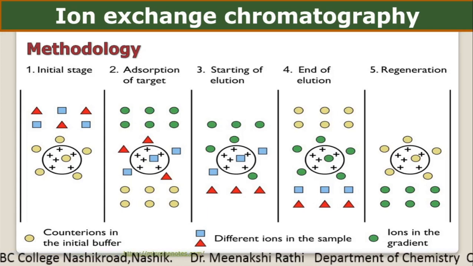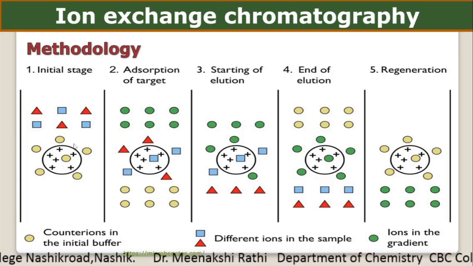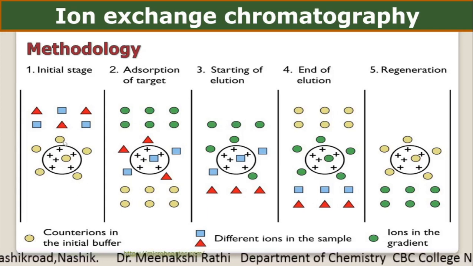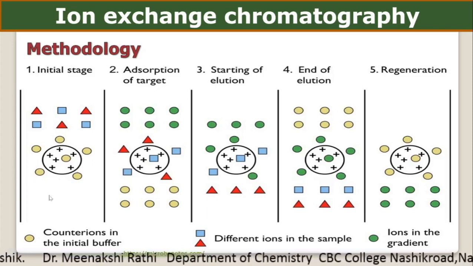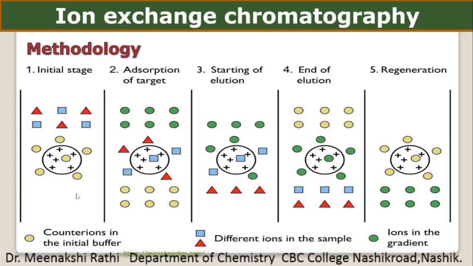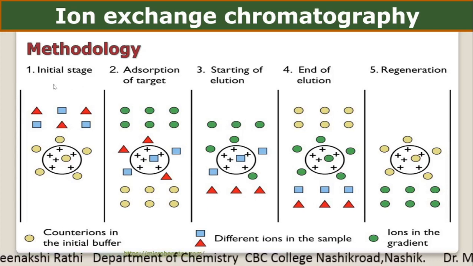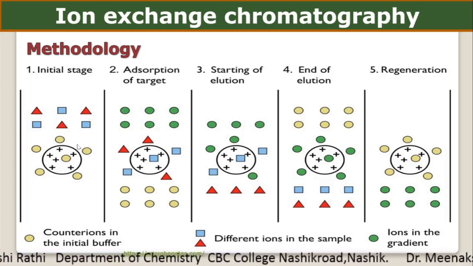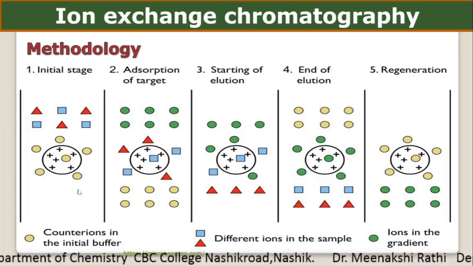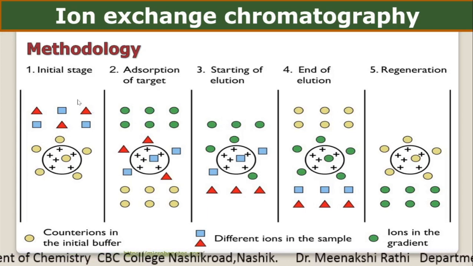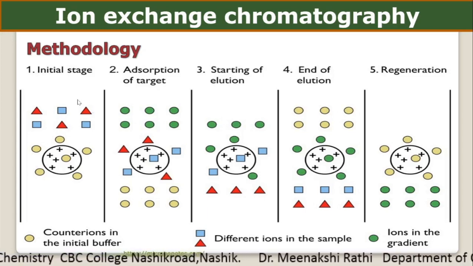When it is washed with 1 molar NaCl solution, all the negative chloride ions are attached here. Once it gets saturated with all the negative ions, then the protein sample with negative charge, or the protein sample which we want to separate, is passed through it.